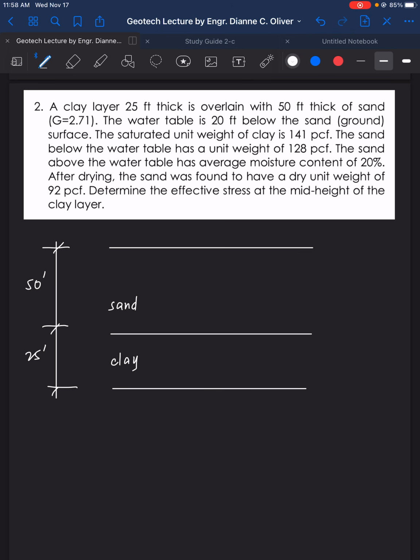Then given the specific gravity of sand, 2.71.